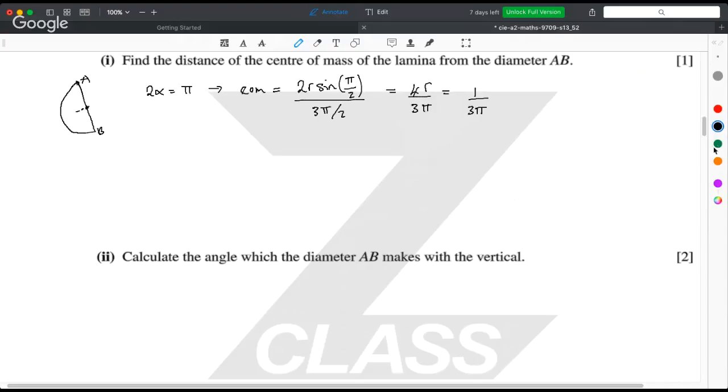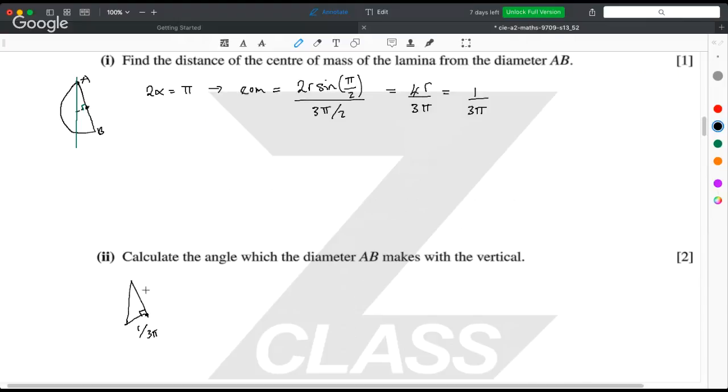Well, if we go back to the drawing, let's drop a vertical line down here. And you know that this line is a right angle. So we have a triangle. And we know that this distance, we just worked it out, it's 1 on 3 pi. And we know this distance, well, that's just the radius, because obviously the center of mass is going to be drawn down from the center of the thing, because it's uniform.